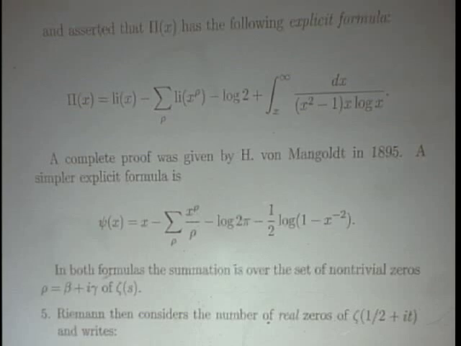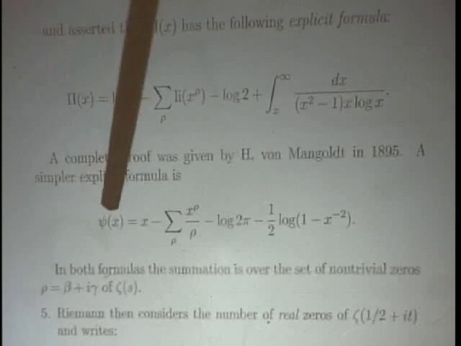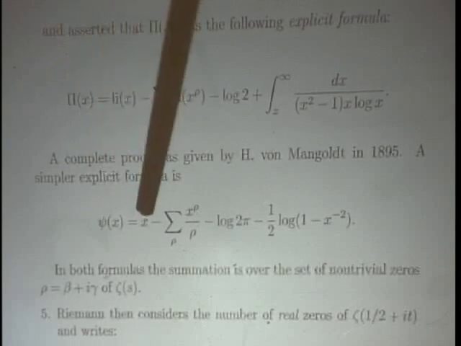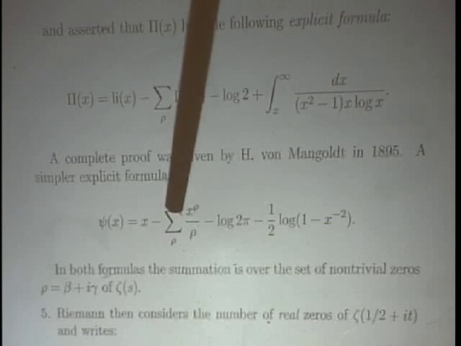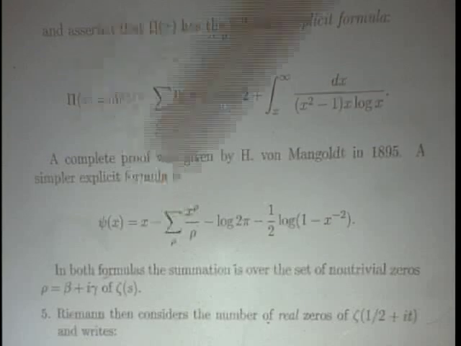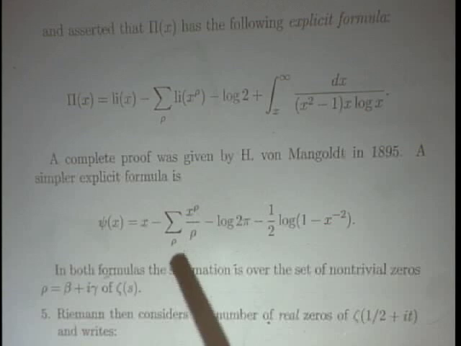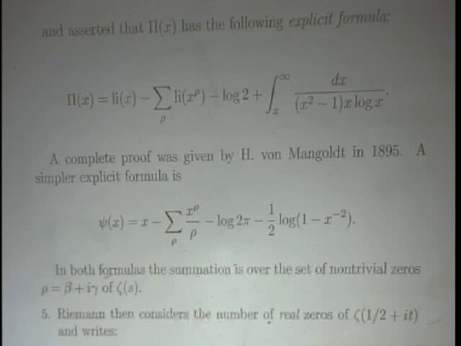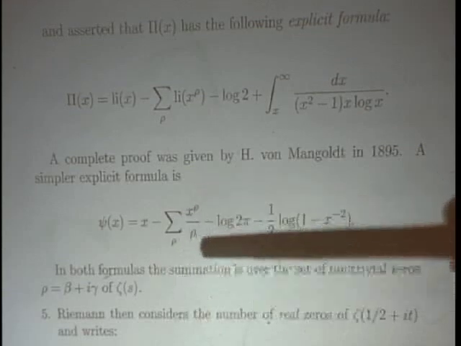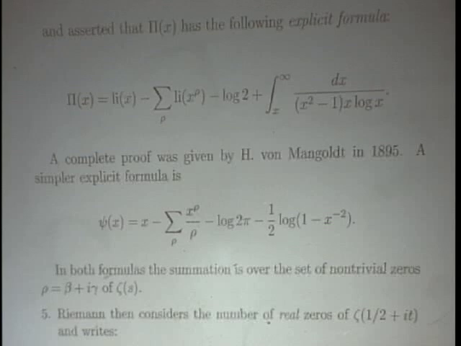In this particular case, psi of x is x, and then there's another sum over the zeros rho of the zeta function. Those are the non-trivial zeros. You'll notice now that the expression occurring here is x to the rho over rho. That's a lot easier to handle than the logarithmic integral of x to the rho. They can both be done, but this leads to easier going.